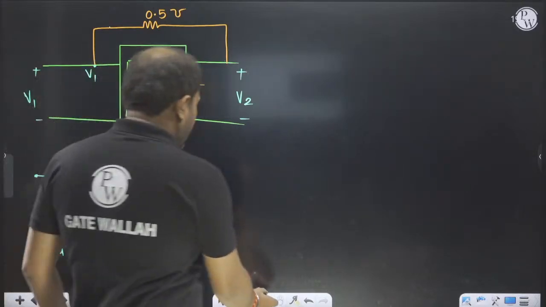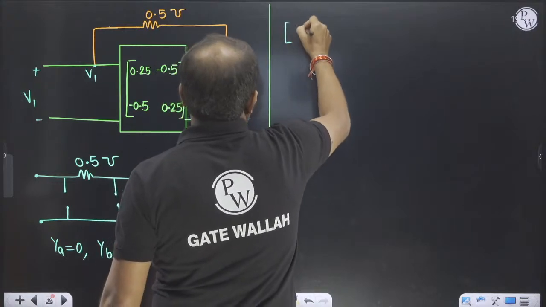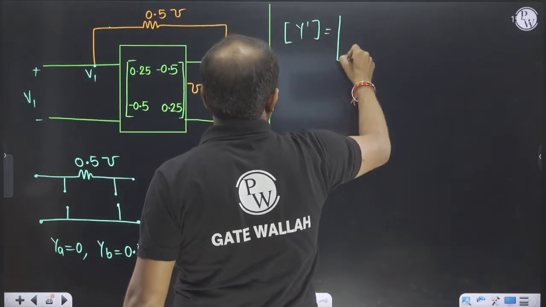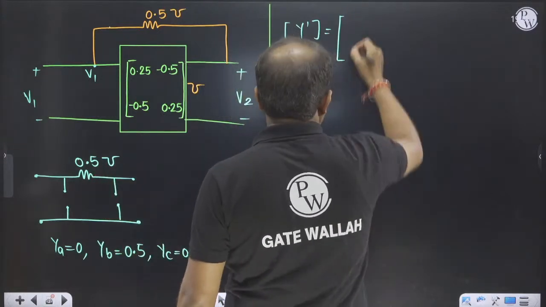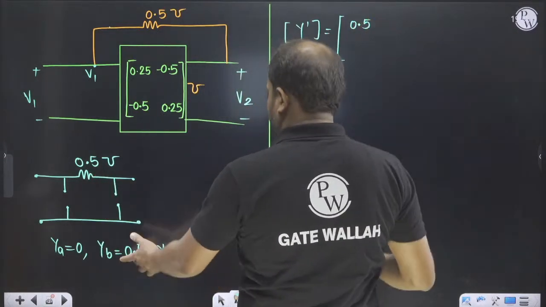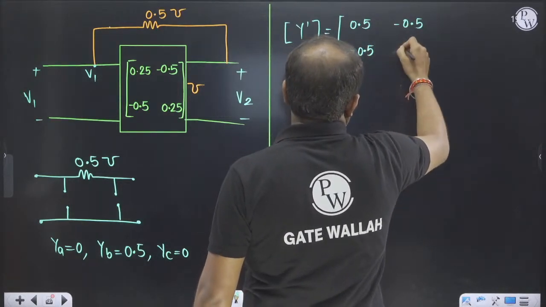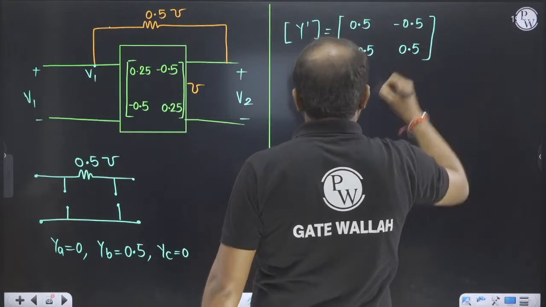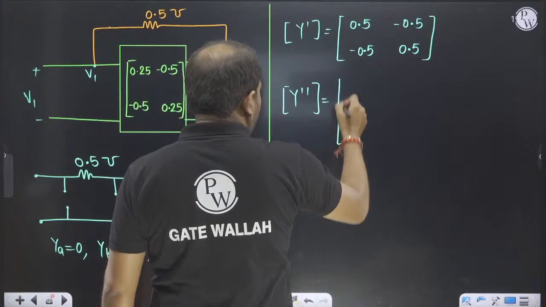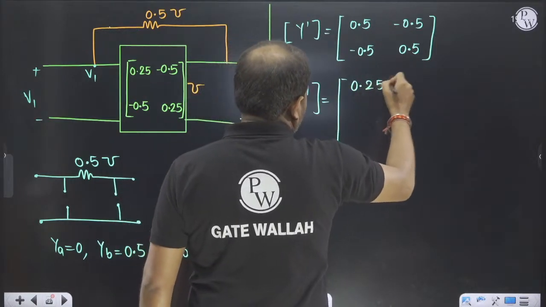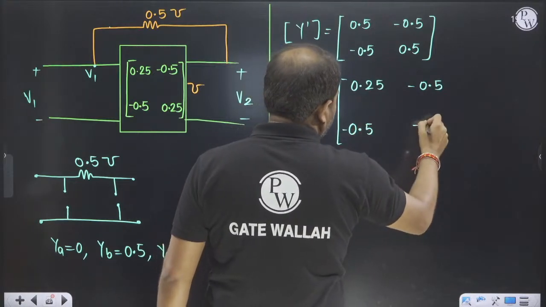So Y dash will be equal to 0, YA plus YB 0.5, minus YB 0.5, minus YB 0.5 and YA plus YB 0.5. Y double dash is given in the question, so we don't have to think about it: 0.25, minus 0.5, minus 0.5 and 0.5.